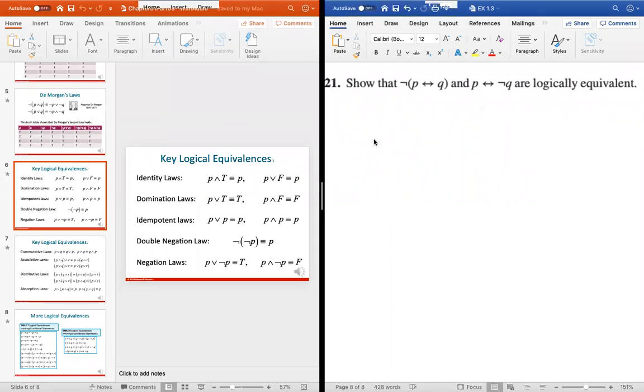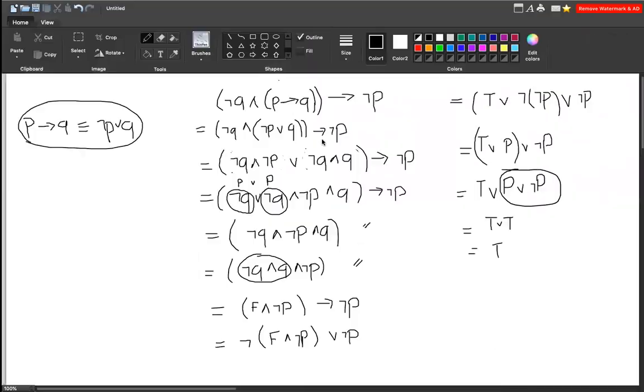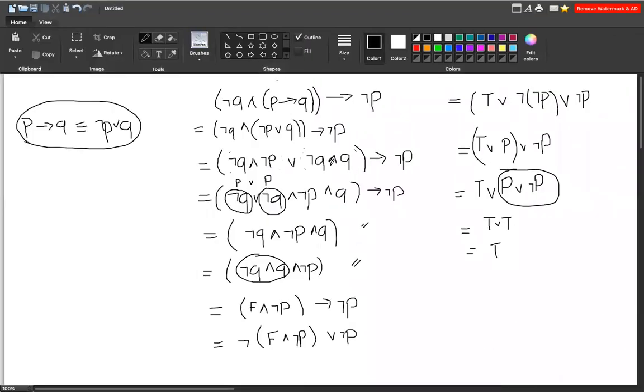In the fourth line of that question 19, how did you get the disjunction for the not Q or not Q? So 1, 2, 3, 4th here.